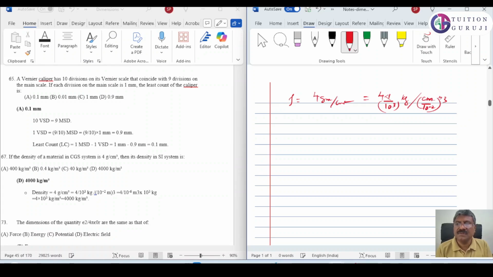So what you will get? 4 into 10 raised to minus 3, divided by 10 raised to minus 6. So it will be 4 into 10 cube kilogram per meter cube, that is 4000 kilogram per meter cube.